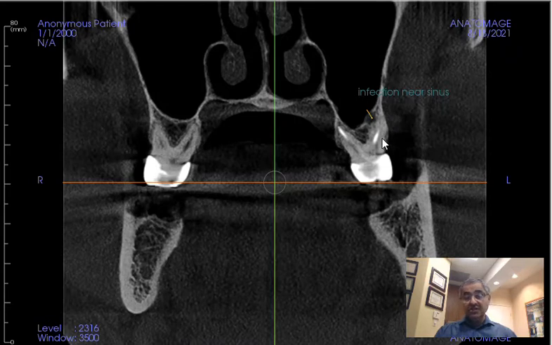So we took this scan, and you can see where it says infection near sinus. Patient had a failed root canal, and that failed root canal had eaten at the bone and was very close to piercing that membrane and piercing the sinus.